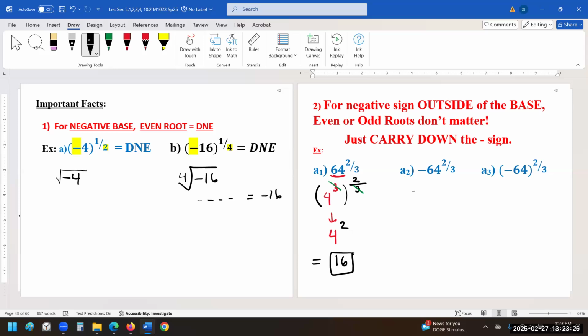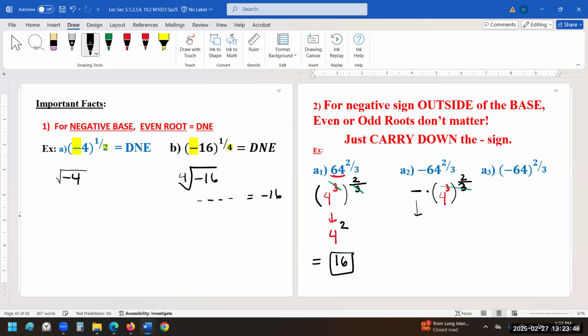It's negative times your 64 to the 2/3 power. So you rewrite your 64 just like this one. We want 4 cubed so we can cancel the 3. So we have 4 cubed, they cancel out.